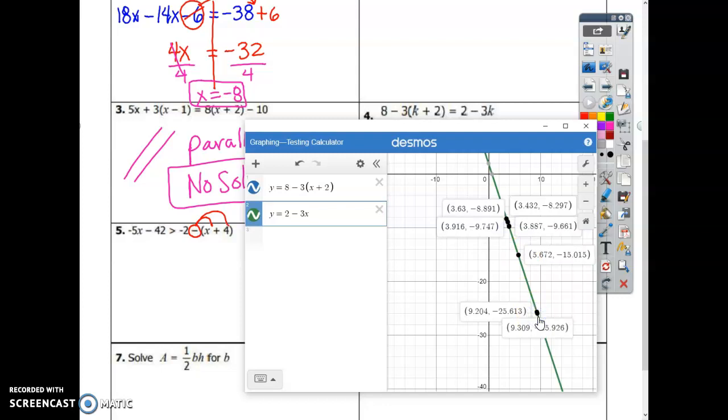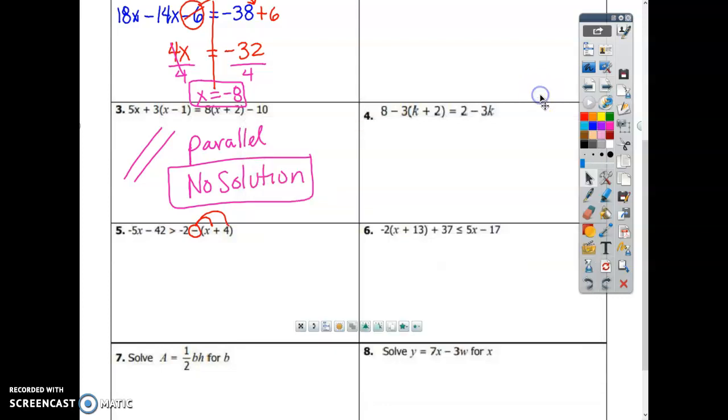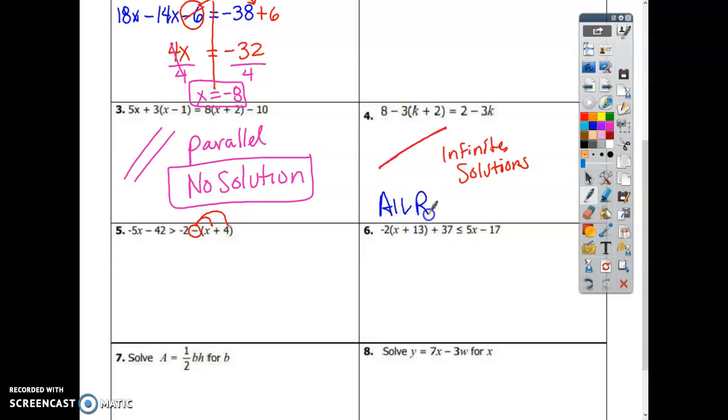What is that called? Infinite solutions. When it's one line on top of another line, that's called infinite solutions. And we saw it on Friday. It has another name for it. What's that other name? All real solutions. That means it has all of the solutions.